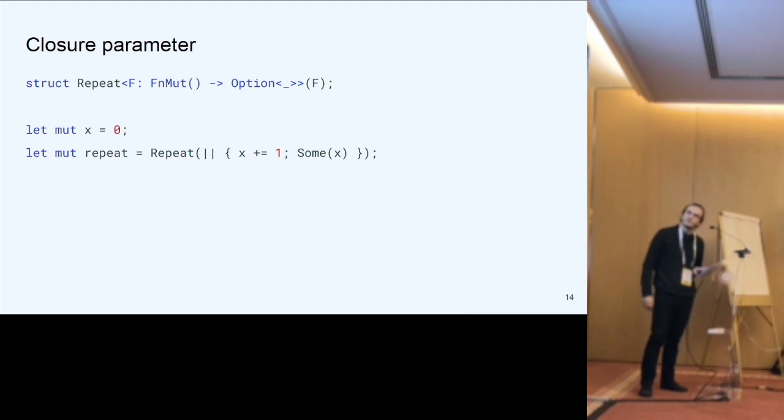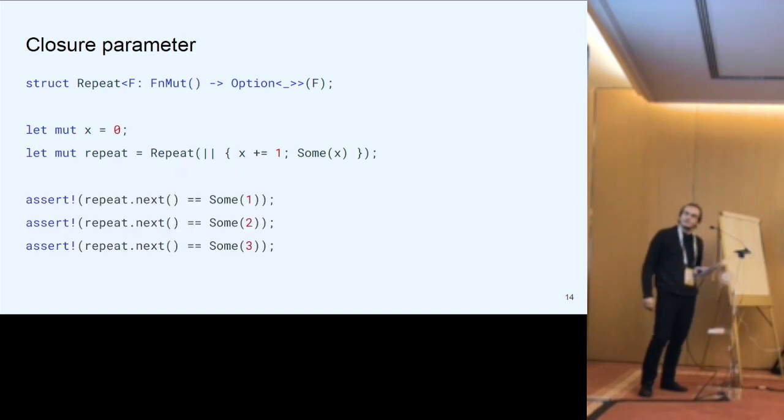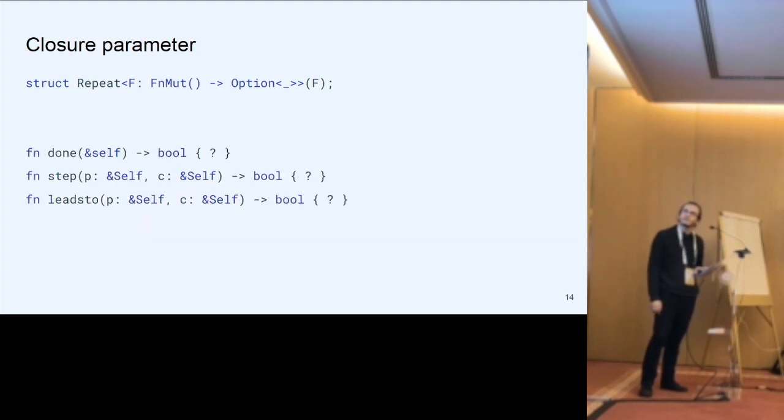As an example, we'll construct essentially the same thing as before, a counter, just this time with no stopping condition, and its behavior is like before. So the question here is, how can we define these ingredients, these predicates and the stopping condition, when what we're talking about is a closure contained within this repeat iterator?